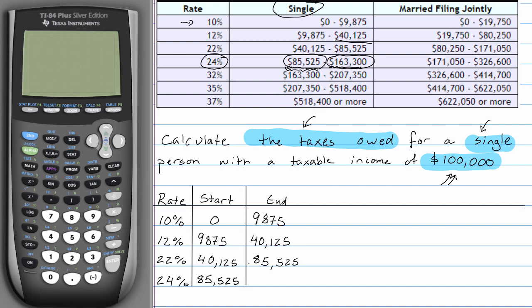And for this person, they stop making money before they get up to $163,300. In fact, they stop at $100,000. Right, so this is their taxable income.